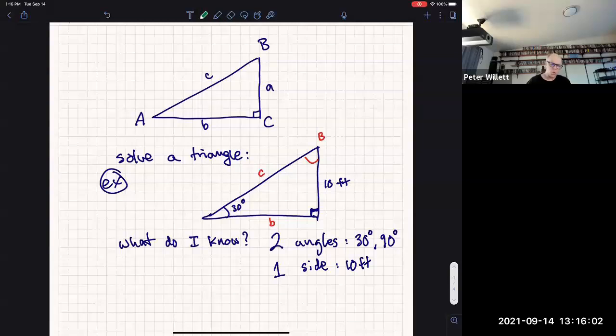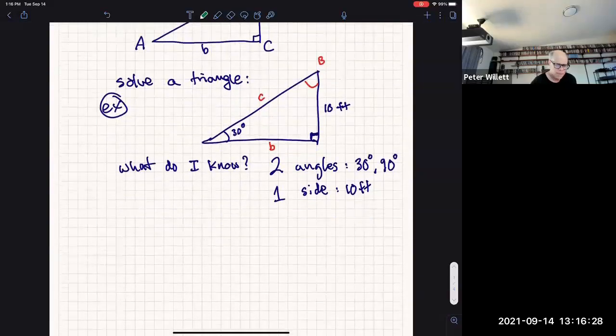So let's start with the simplest beginning. If you ever know two angles in a triangle, then you can figure out the third one because they add up to 180 degrees. We did examples of this already early on. So in this case, for example, I know that angle B plus 30 degrees, plus the 90, adds up to 180.